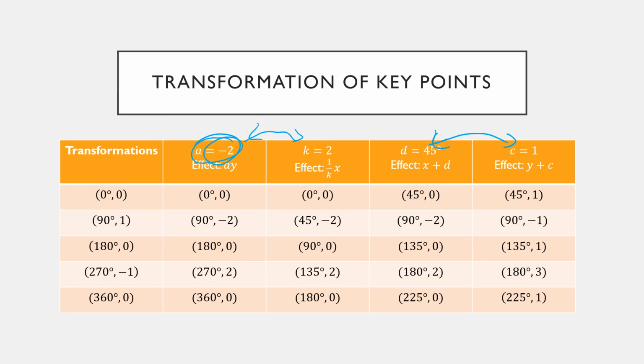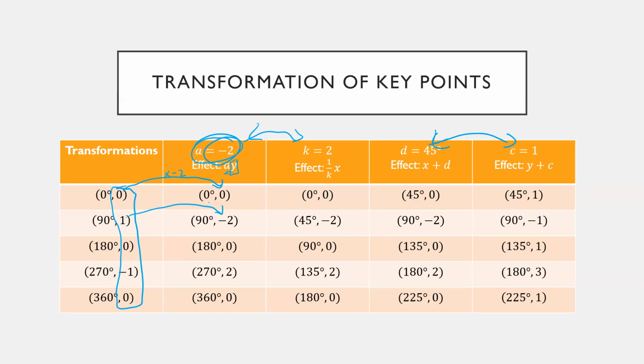So we know that the effect that this is going to have is it's going to take our Y value, and we're going to take our Y value multiplied by A. So what that means is I'm going to take whatever my Y value was in the original parent function, 0, 1, 0, -1, and 0, and I'm simply going to multiply each of the Y values by -2. So I take 0 and I multiply by -2, that gives me 0.